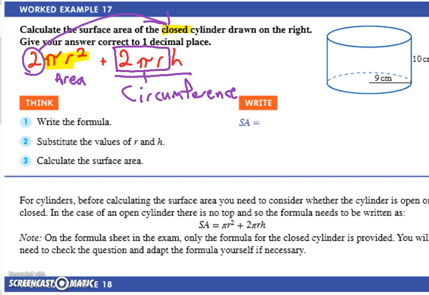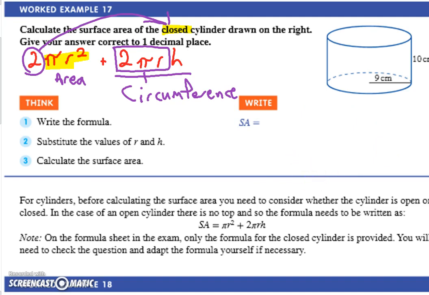Cool? Because remember, the actual net of a cylinder looks like that: top and bottom, and it opened up. Make sense? So pi r squared, 2 circles, and 2 pi r, which is your length there, and then your height. That's where the formula comes from. We all happy with that?